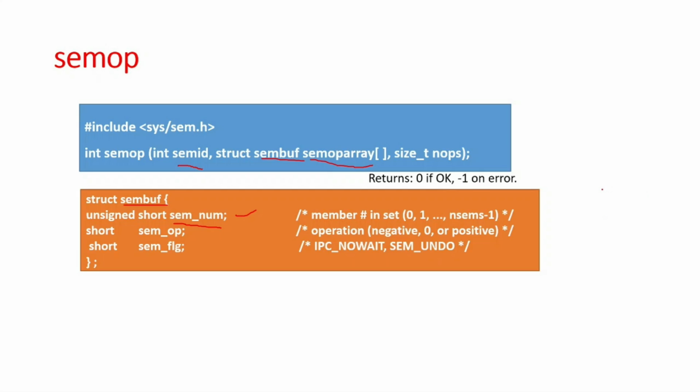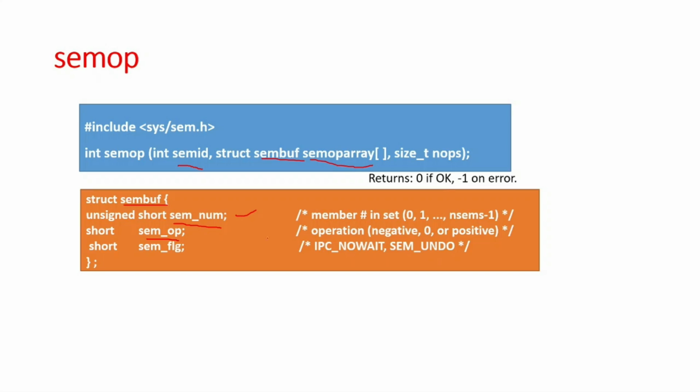So if the semaphore set has nsems value as 10, it contains 10 members, and the individual semaphore index starts from 0 to 9. With this I will be able to identify a particular semaphore present in the set.